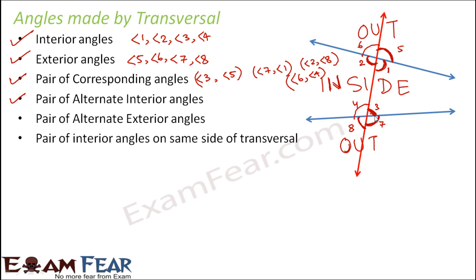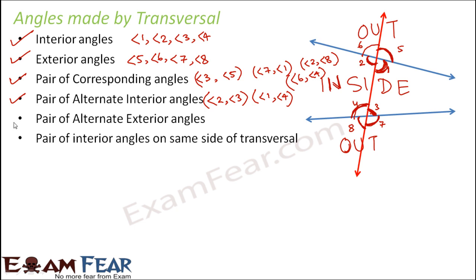So 2 and 3 are located on alternate sides. So angle 2 and angle 3 form a pair of alternate interior angles. Similarly, angle 1 and angle 4 form a pair of alternate interior angles because these are also located on the interior side and on alternate sides to each other.